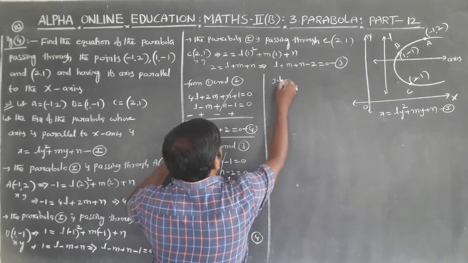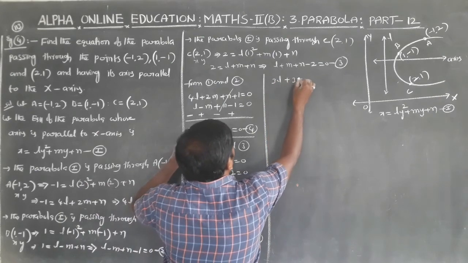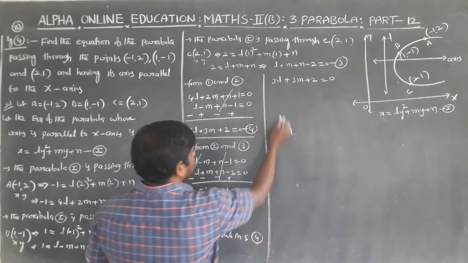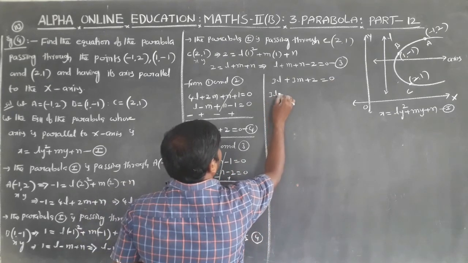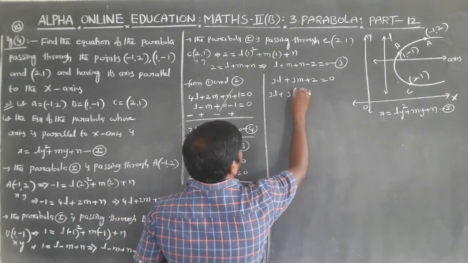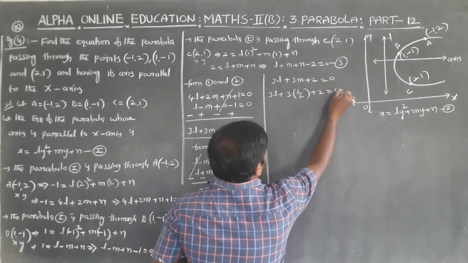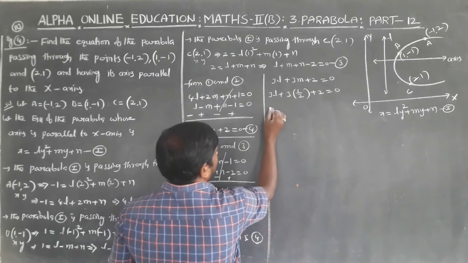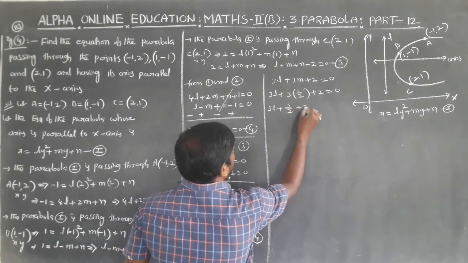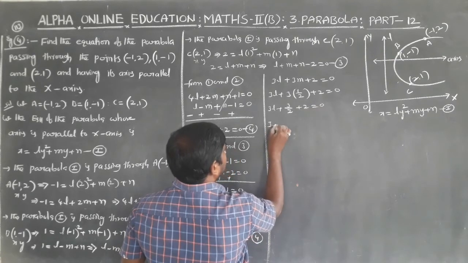Equation number 4 is 3L plus 3m plus 2 is equal to 0. With m is equal to 1 by 2, 3L plus 3 by 2 plus 2 is equal to 0.